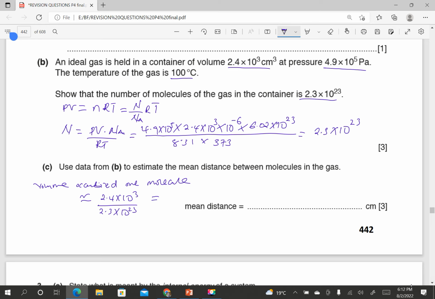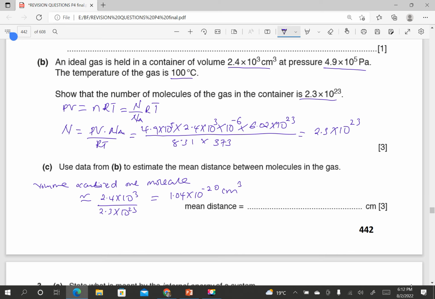This is going to be equal to 1.04 times 10 power negative 20 centimeters cubed. That will be the volume occupied by one molecule in a container.